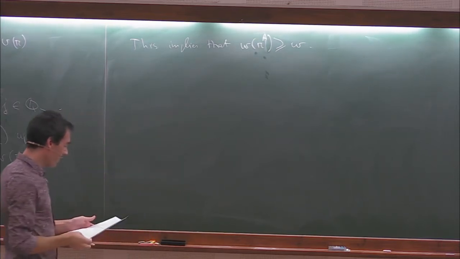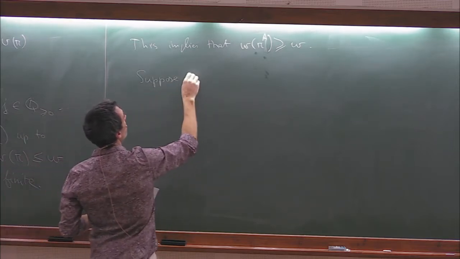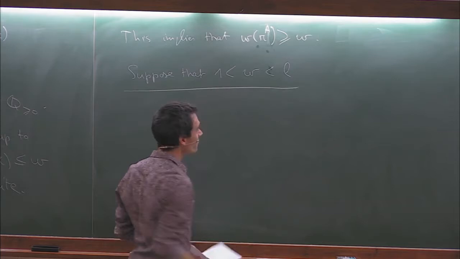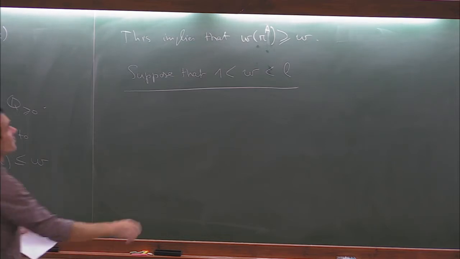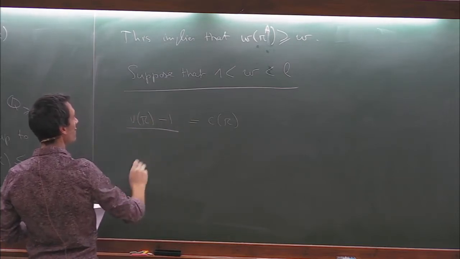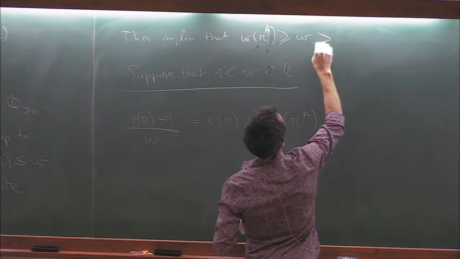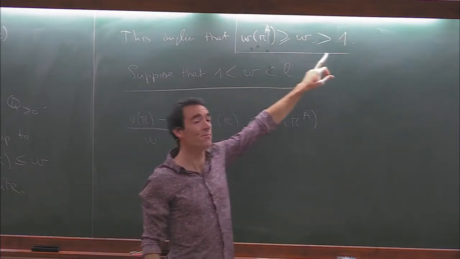So we have this inequality, and now we are going to look at the case where W is in between 1 and L. So if W is between 1 and L, this theorem tells us that C of pi is equal to V of pi minus 1 divided by W. And we know that since we have this inequality, you see that W of pi A cannot be 1.